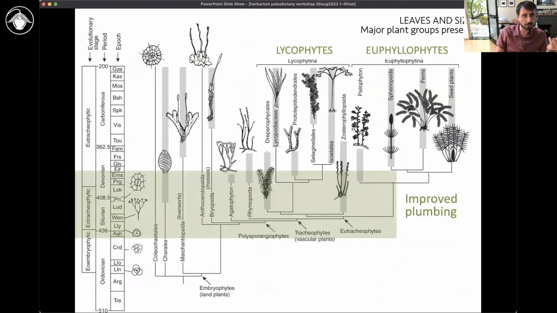So looking at the improved plumbing, we see that now, as we look toward the right of this family tree, we're getting into some of the more modern vascular plants, what we call the tracheophytes. And the modern vascular plants have a deep division, the lycophytes and the euphyllophytes.